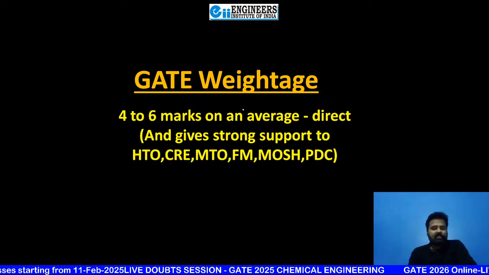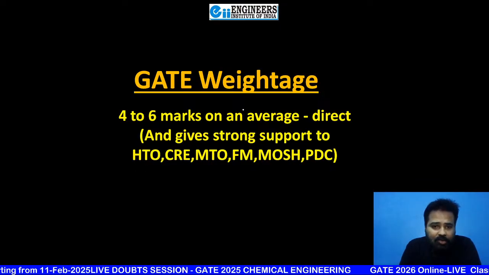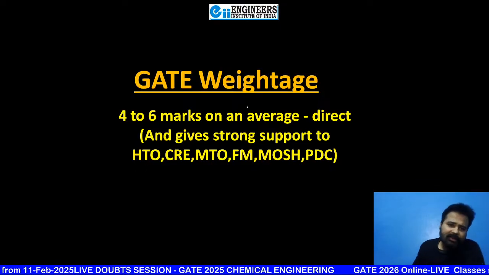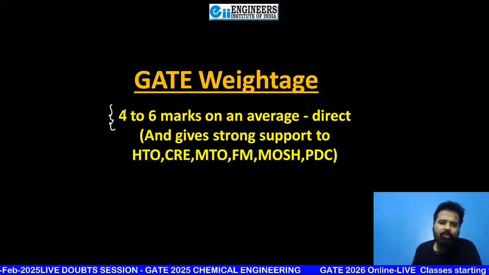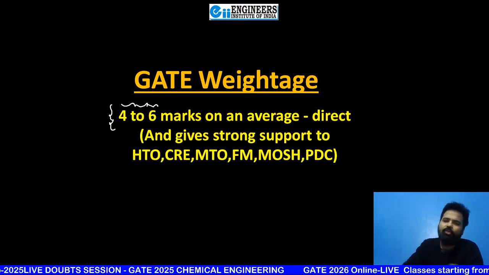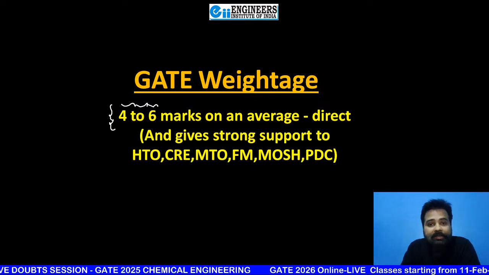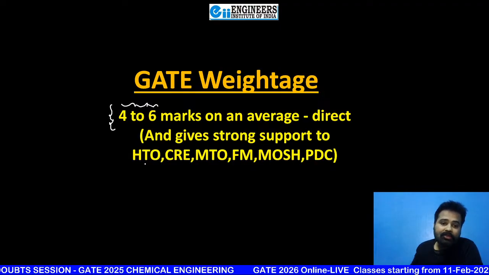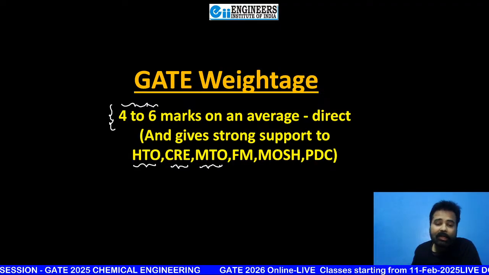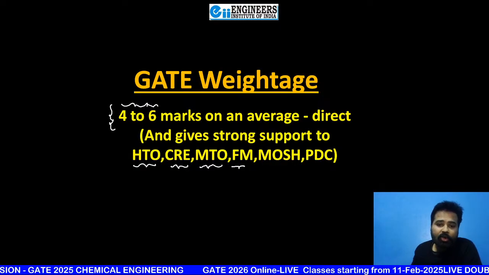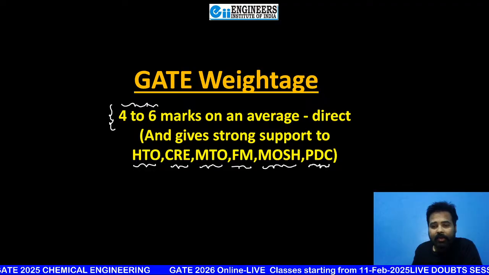Before moving forward beta, first I want to discuss the GATE weightage. On an average you all know its direct weightage is a little bit less. You can say like 4 marks to 6 marks. But if you are seeing this subject, then indirectly this subject is going to support all important core subjects like heat transfer operation, chemical reaction engineering, mass transfer operation, fluid mechanics, mechanical operations, solid handling, process dynamics and control.